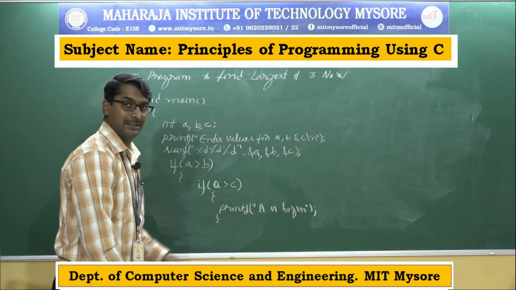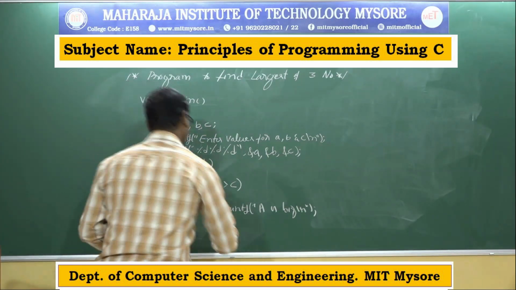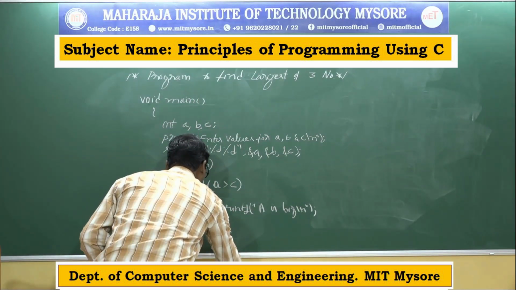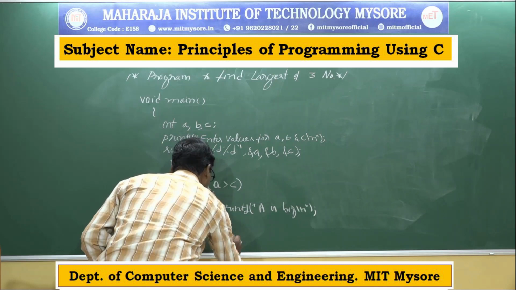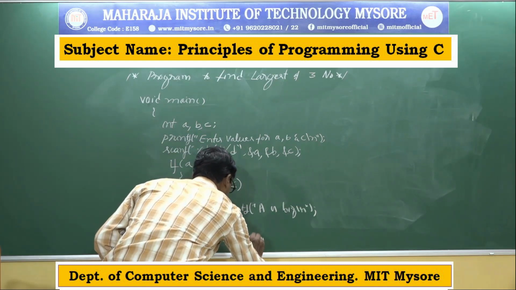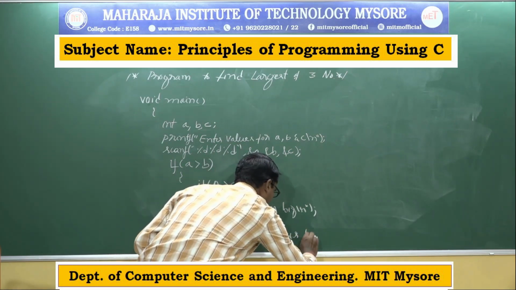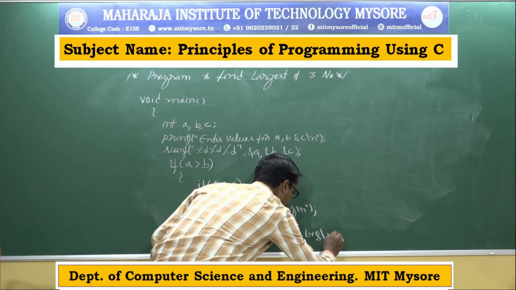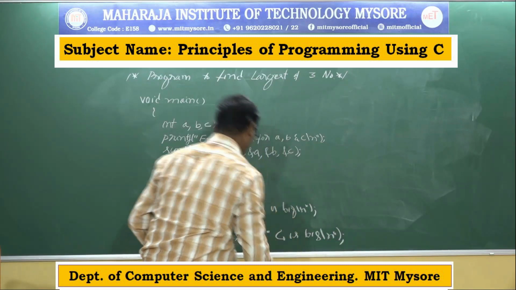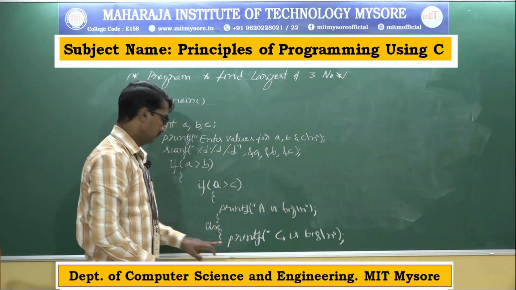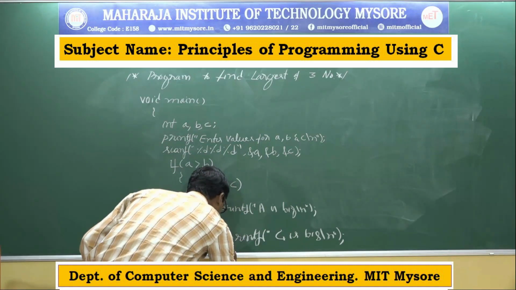If in case the condition is not satisfied, then else printf c is big. If the condition is not satisfied, then c is big, then close bracket.